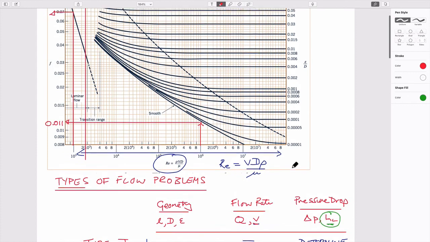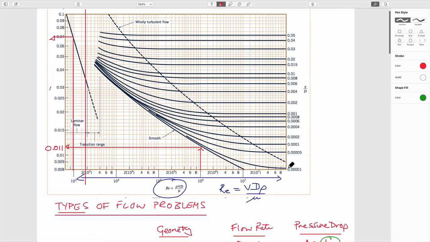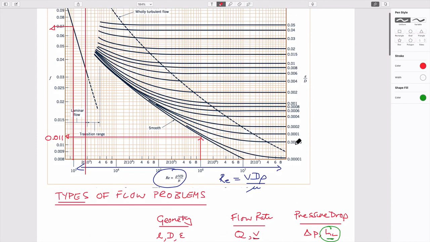And so if that were the case, 0.001 is this one. No, this one. Too many zeros. That would be this. And so this intersection here would be almost on the horizontal part, and it would be a friction factor of whatever this would be, which is 0.02.